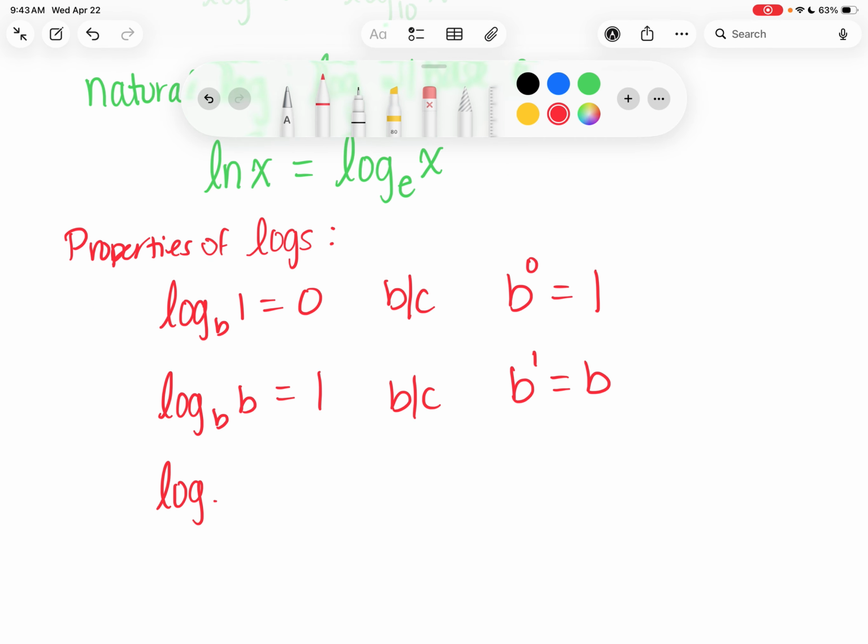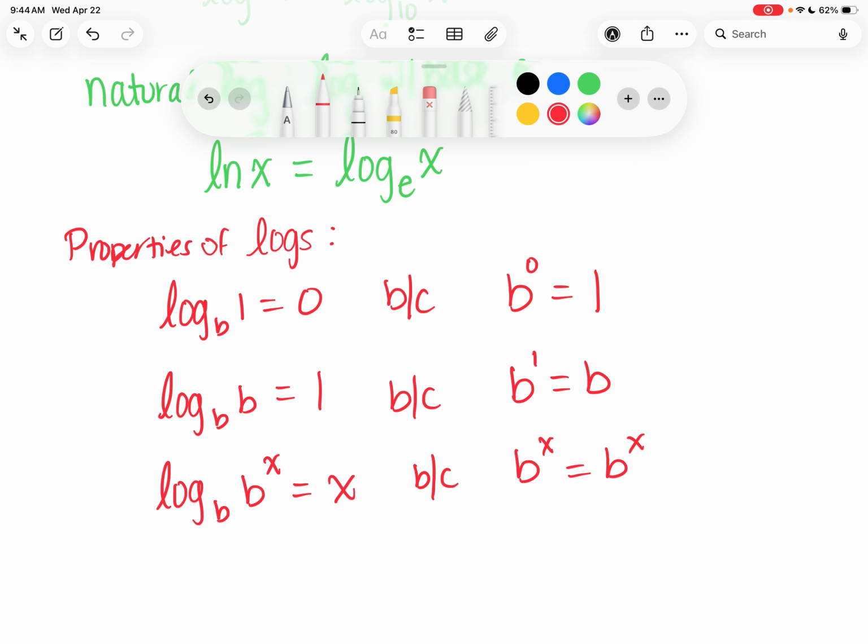Log base b of b to the x is equal to x. If the base is the same as the number that's in here, then whatever the power is here is what it's equal to. Because b to the x is equal to b to the x.